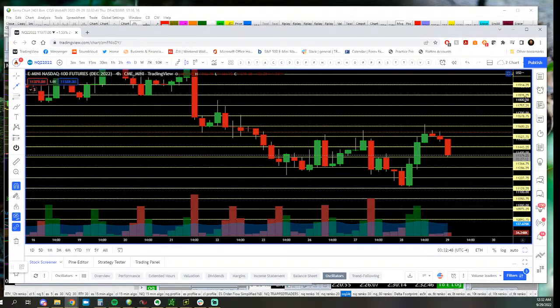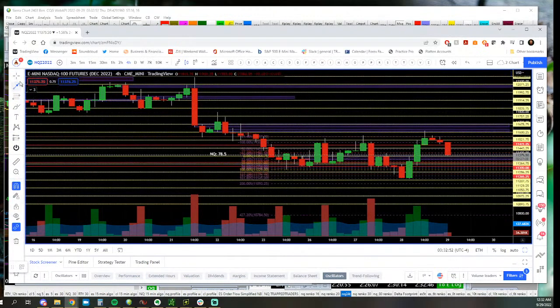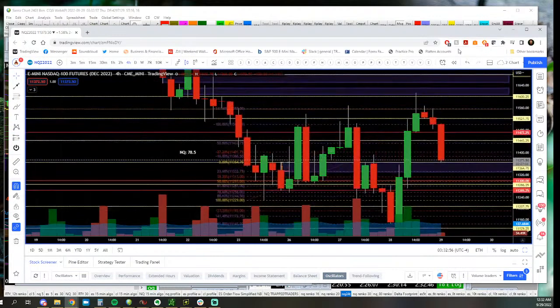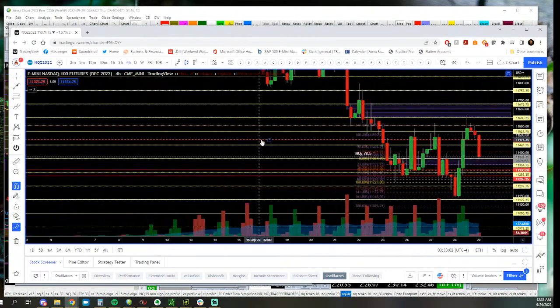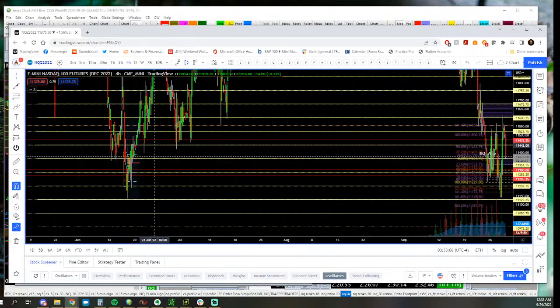So for instance, I'm going to have to unhide everything. All the rest of the lines here, just so you know, the red lines are volume points of control from this period here, the lows from the summer.